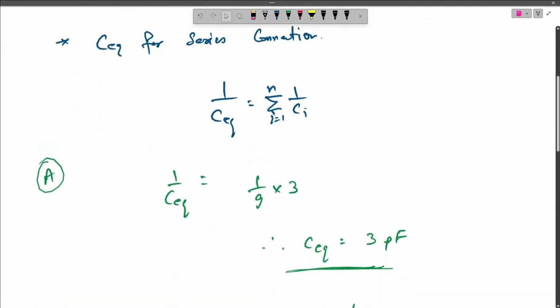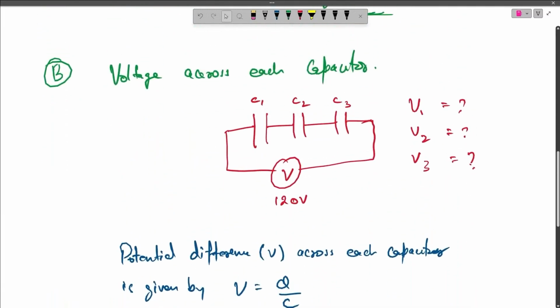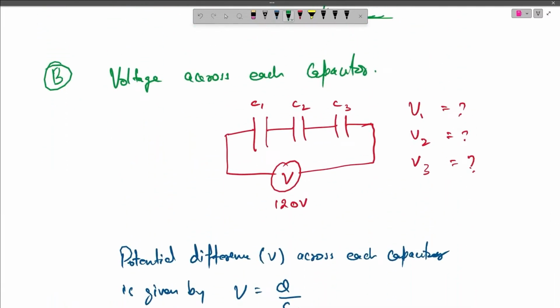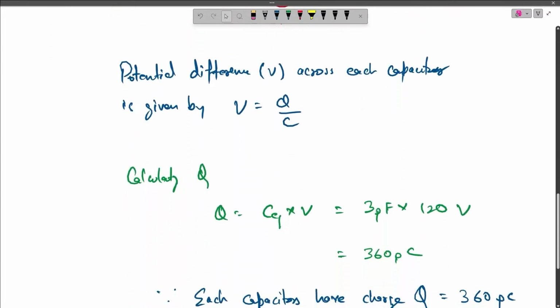Now the second question asked about the potential difference across each of these capacitors. Each capacitor is connected in series over here, and we have to find out the potential difference across each one, that is V1, V2 and V3. The potential difference across each capacitor is given by V equal to Q by C, that is, the charge contained by that capacitor divided by the capacitance.